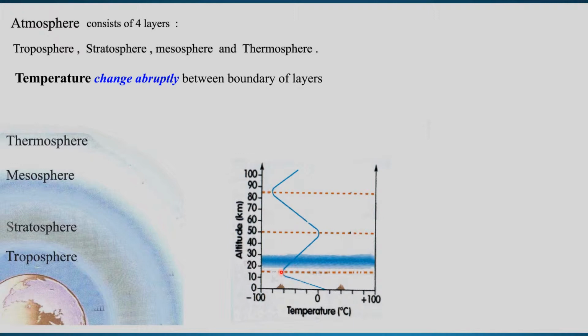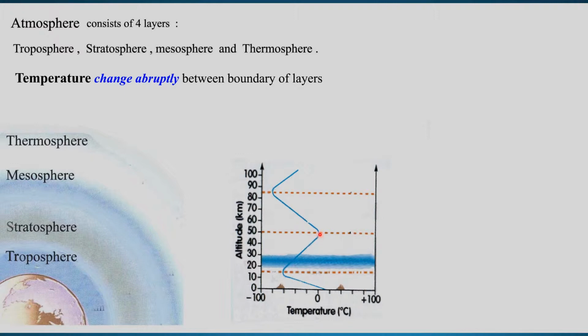towards -50 degrees. But once you pass to the stratosphere, now you're on a new layer. In this layer, the higher you go, instead of colder, the temperature starts getting warmer and warmer, back towards 0.